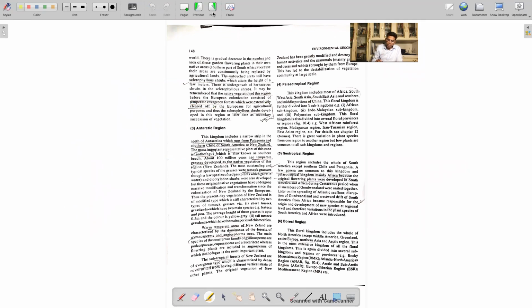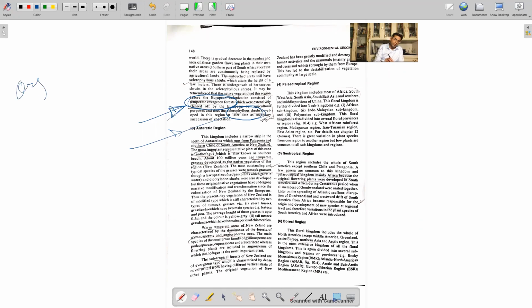Otherwise, if you look at the original type of life forms, the original was temperate, evergreen, and the modified ones, which were probably the inferior ecosystems because of man's impact, it has become sclerophyllous shrubs.